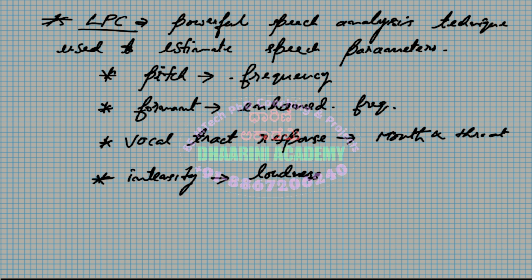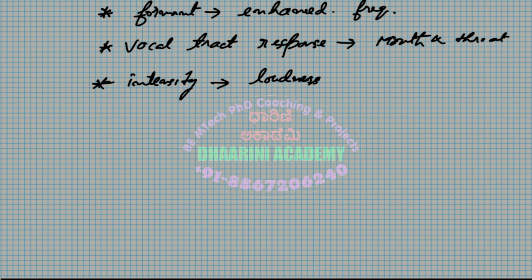But the fundamental idea behind LPC is that you can estimate these, and these estimated values can be stored. When you retrieve them, you are doing the synthesis of the speech. Speech can be generated from them. Whatever I am trying to speak, if you model it using the LPC coefficients, you can retrieve it back. So you want to save or transmit only the coefficients.